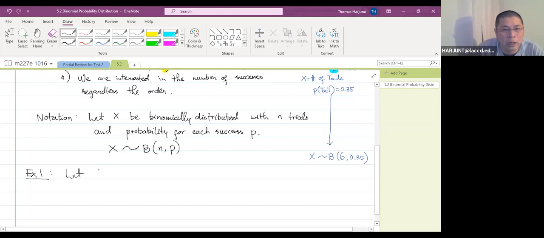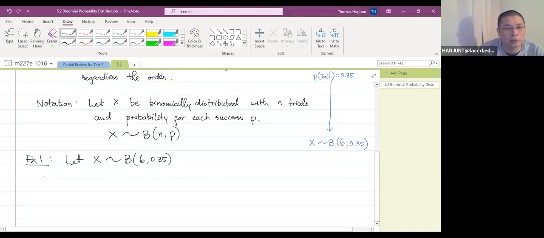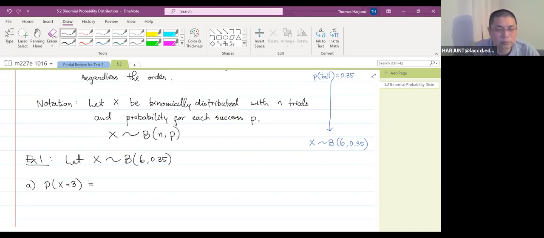Let X be binomially distributed with n equals 6 and lowercase p equals 0.35. Part A: find the probability that X is equal to, let's say, 3. That's the probability notation.